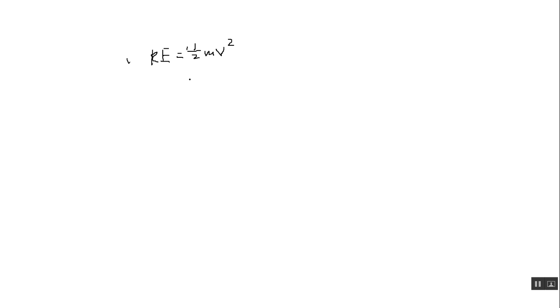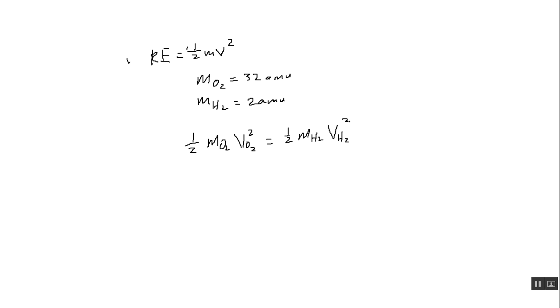So therefore, if you have an oxygen molecule where the mass of the oxygen molecule is 32 AMU and the mass of the hydrogen molecule is 2 AMU, then we can say that the kinetic energy of the oxygen molecule, half M_O2 times V_O2 squared, would be equal to the energy of the hydrogen molecule, which is half M_H2 times V_H2 squared. Now, the halves will cancel out, of course, here and here.